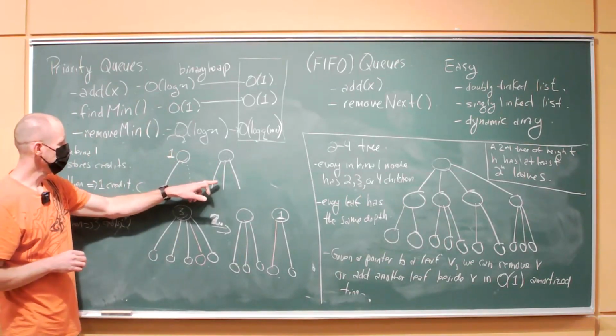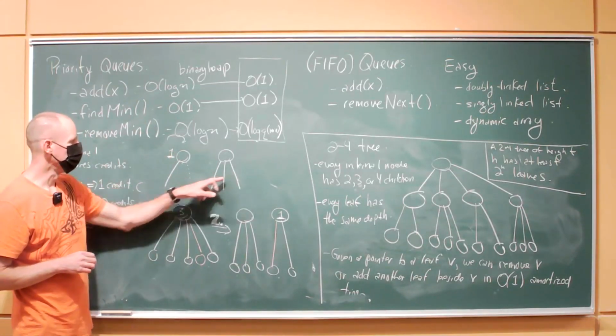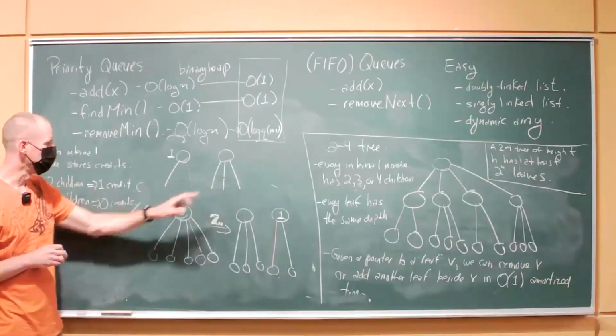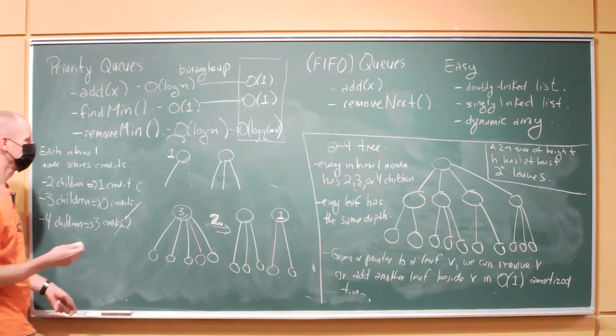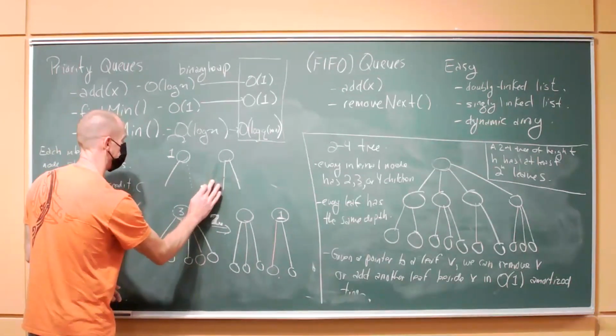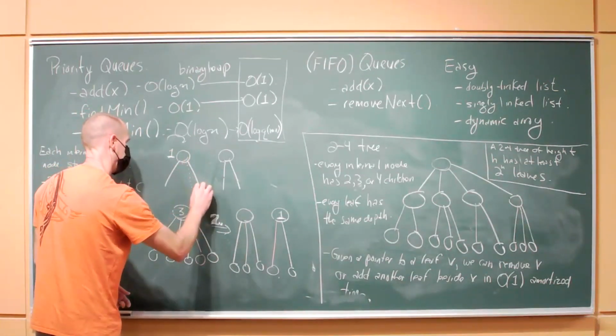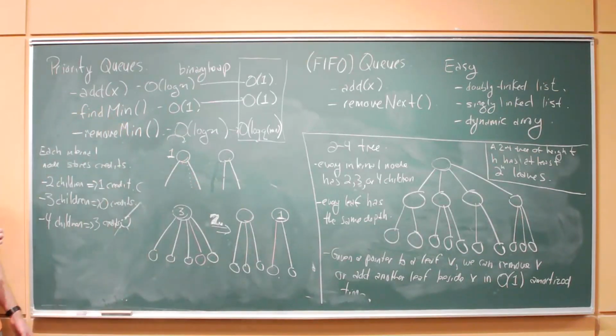And this had degree 3 or 4. It doesn't actually matter. But let's say that the borrow is successful. So I do that. This borrows the child. And now the point here is, well, that's it. The operation is done now. So if you successfully borrow from your sibling, you're done.